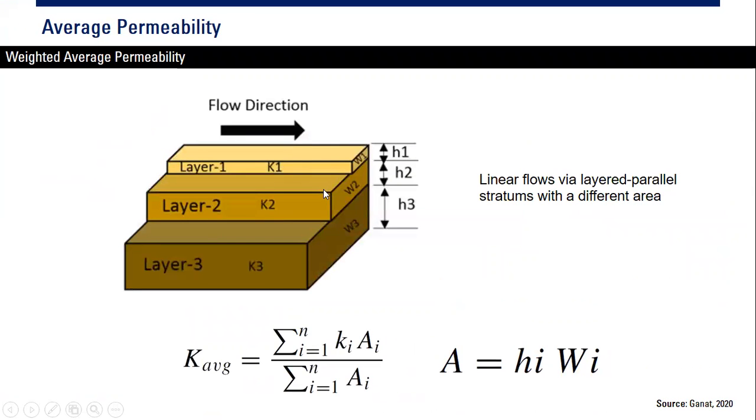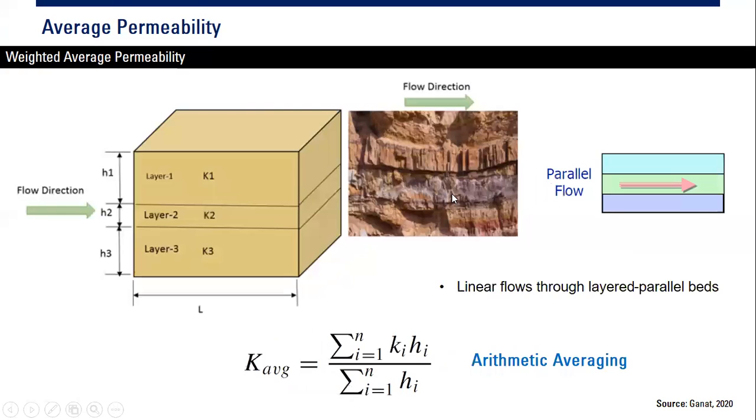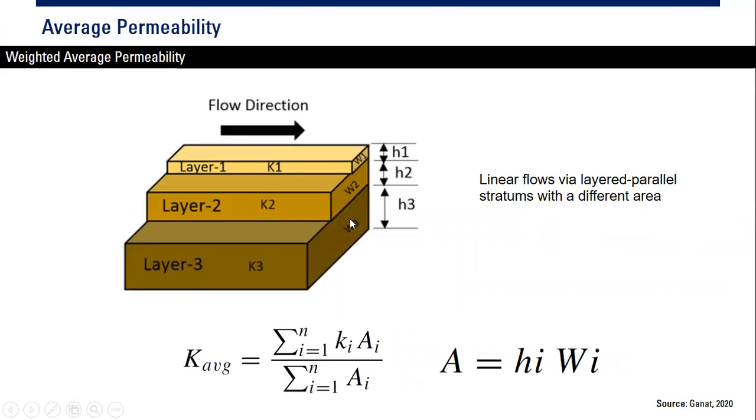Okay, another depiction of the arithmetic averaging, but with a different configuration. It's still parallel, okay, linear flow via layered parallel strata with different areas. So you have layer 1, layer 2, layer 3 with different permeabilities, K1, K2, K3, different thicknesses, H1, H2, H3, and different widths, W1, W2, W3, or different areas, area 1, area 2, area 3.